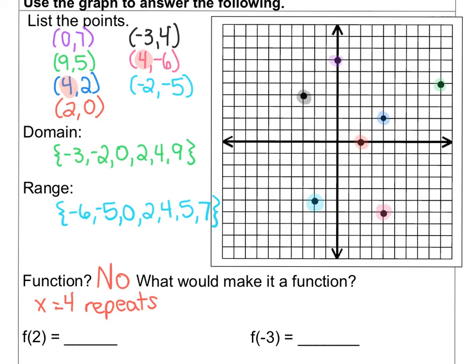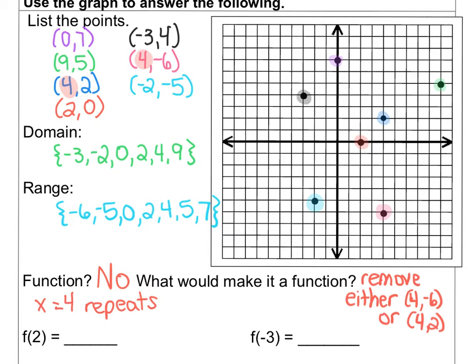What would make it a function is to remove one of those points. So we could remove either 4, negative 6, or we could remove 4, 2. By removing just one of those points, it would be a function because the 4s would no longer repeat.